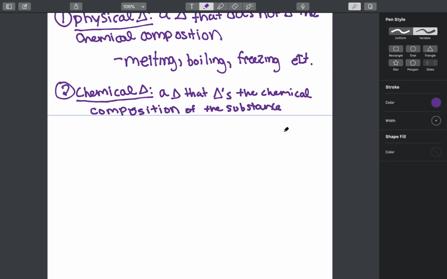Chemical changes will be basically every single chemical reaction that we see.